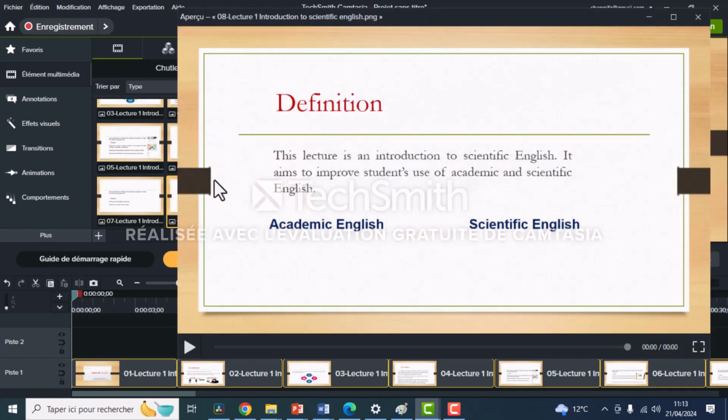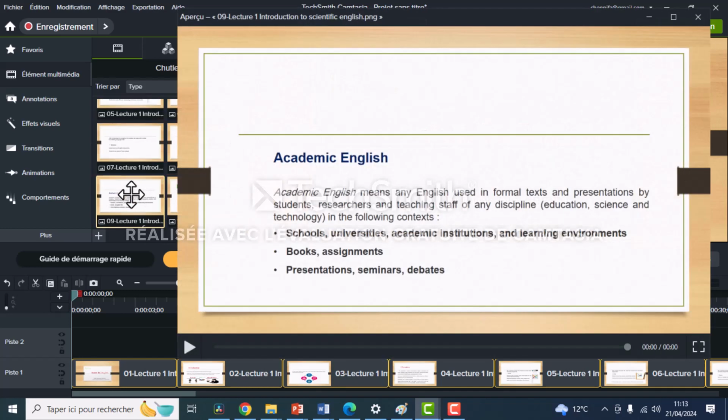So, what do you mean by scientific English? Scientific English is a little bit close to what we call academic English.